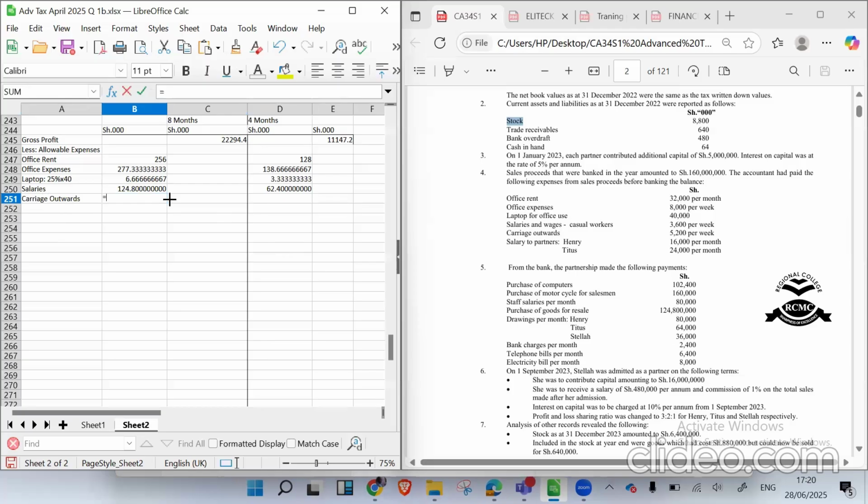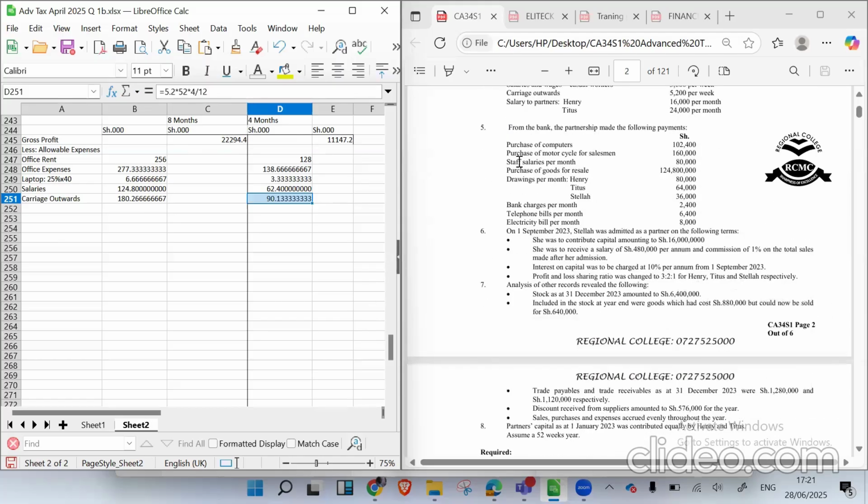So equals 5.2 times 52 times 8/12. Hii side ingine ni times 4/12. Salary to partners, that is not allowable, right? Yeah, right.